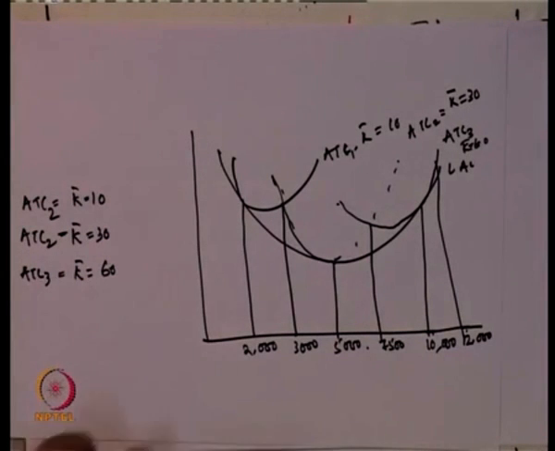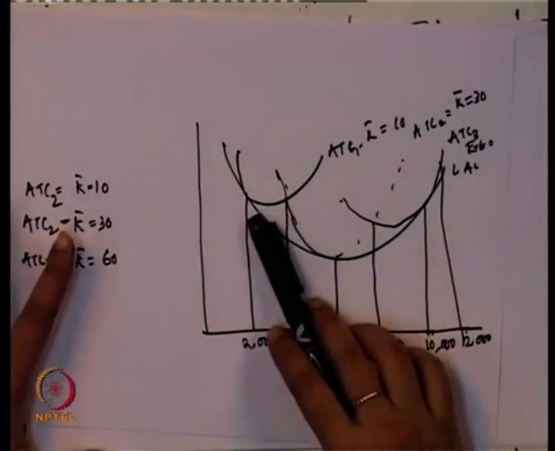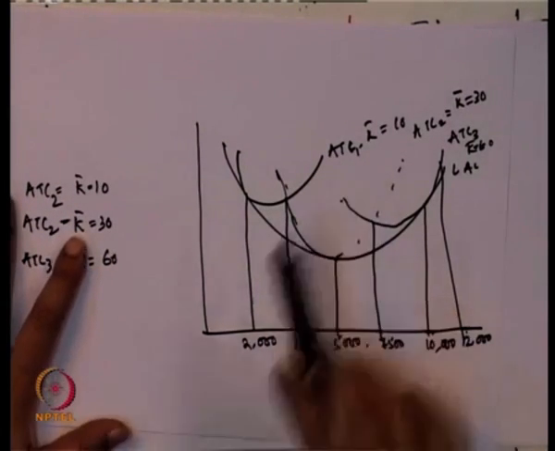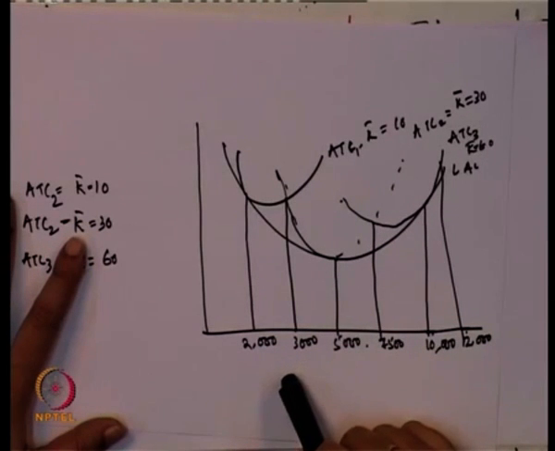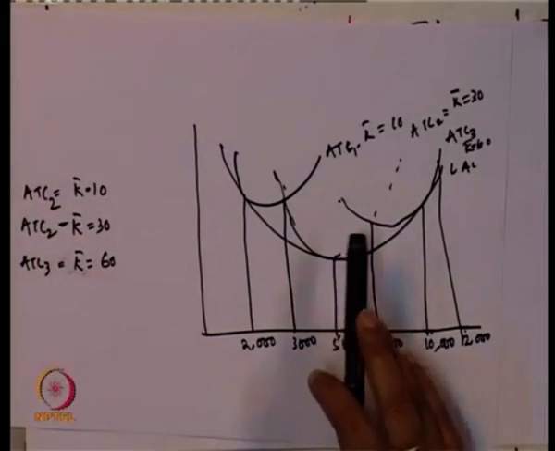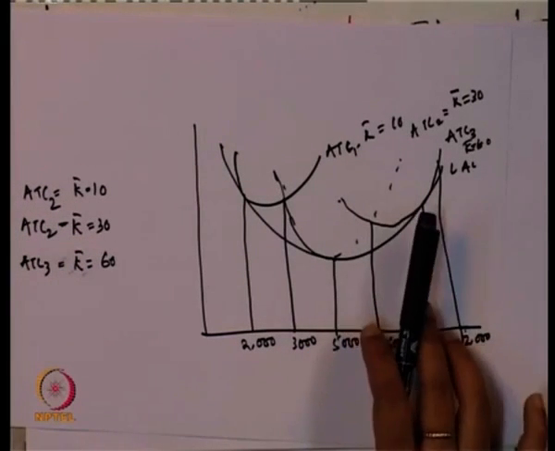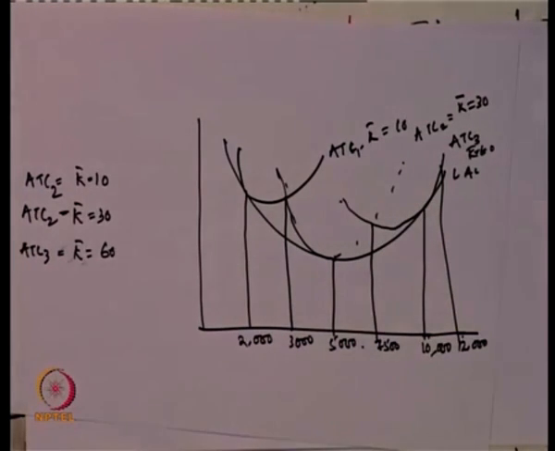So, if the output level is 2000, there is not much choice left for the firm; they have to operate at the short run cost curve with capital 10. When the output level is 3000, it can be produced either through average total cost curve 2 by using capital 30, or through average total cost curve 1, that is using capital 10.